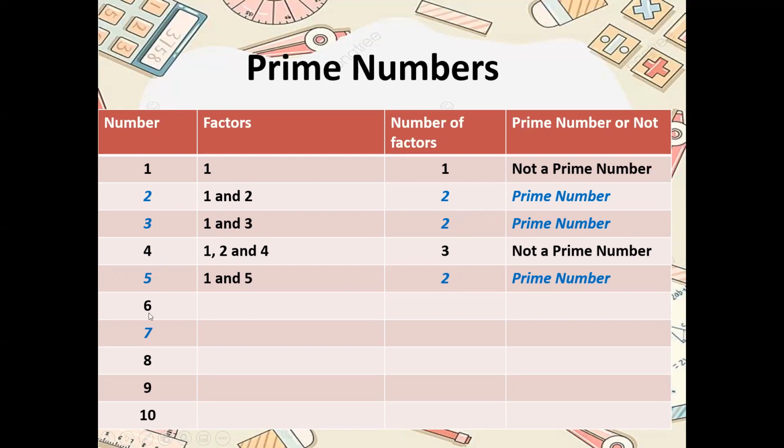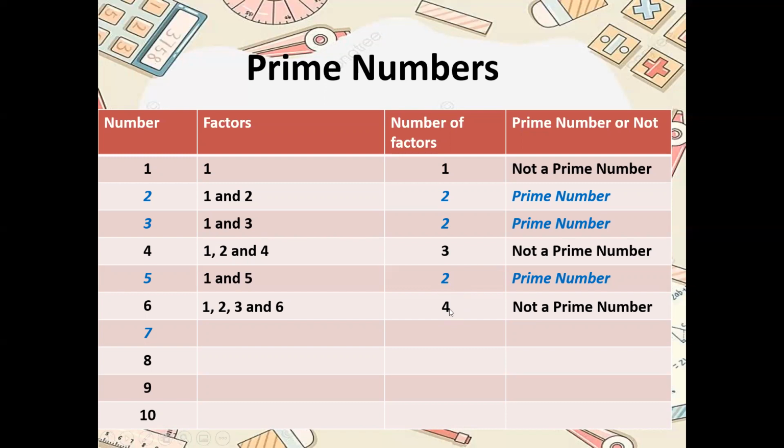Now we will check number 6. The factors of number 6 are: it can be divided by 1, by 2, by 3, and also by 6 completely without getting any remainder. So there are 4 factors. Therefore, it is not a prime number because a prime number has only 2 factors.